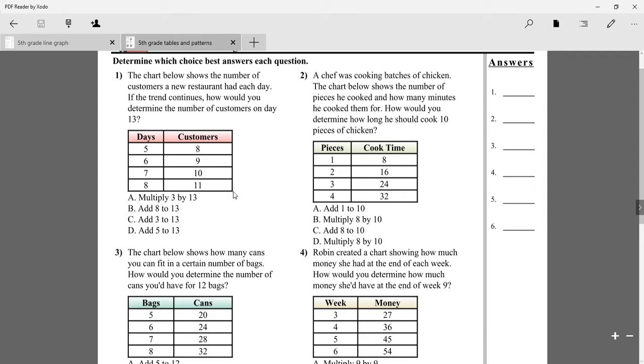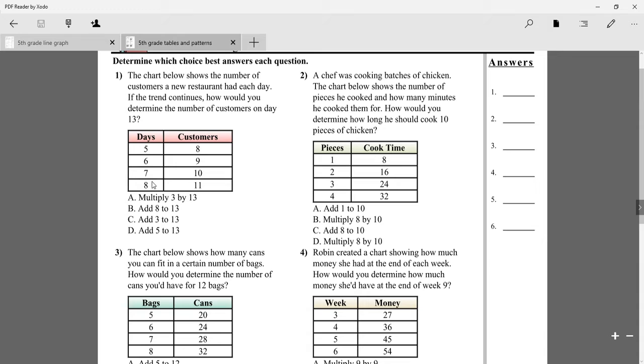One is that if you can't figure out an easy way to find the answer, you can just continue making the chart. So what I could do is write day 9 would be 12, day 10 would be 13, day 11 would be 14, day 12 would be 15, and day 13 would be 16.